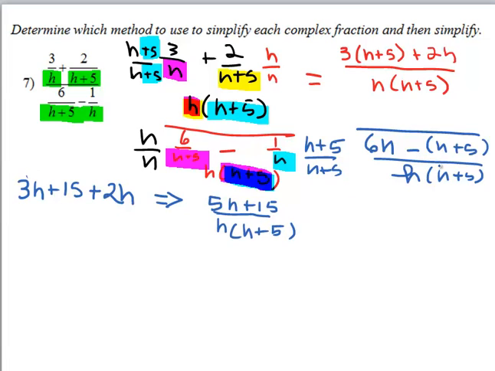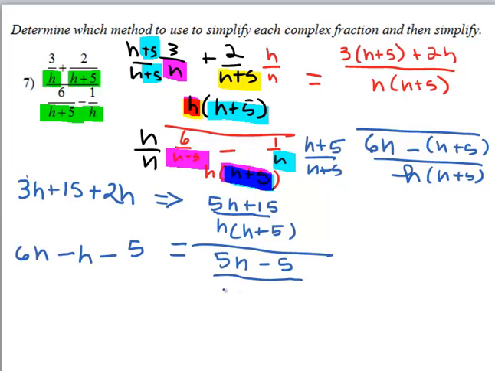And my denominator is 6h minus h. And be careful, I have minus a plus is a minus. So minus 5. And that will turn into 6h minus h is 5h minus 5. And that's over h times h plus 5.